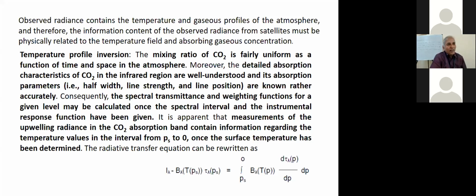This constituent should have very strong absorption. The example we are taking is CO2, which we know has very strong absorption at 15 micrometer. So in very simple terms, I take one constituent which has very strong absorption in the infrared part, 15 micrometer, which is CO2.